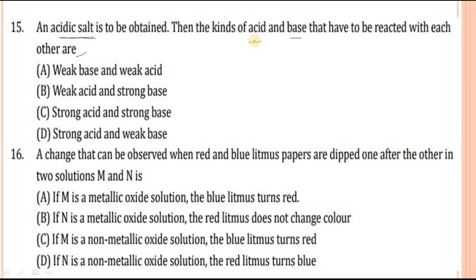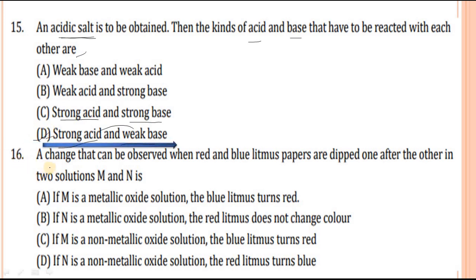So acidic property will be more than the basic property. If you see the C option, strong acid and strong base is given, both are strong. But if you see the D option, strong acid and weak base is given. When you mix these two, you will get the acidic salt. So option D will be the correct answer.